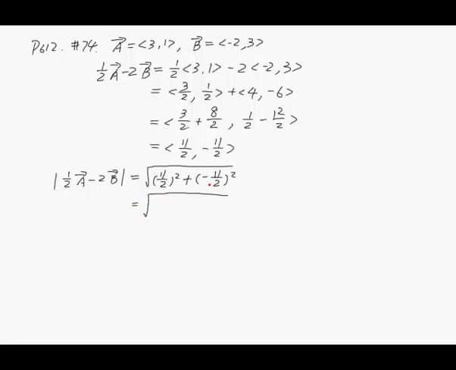And we know the square of negative 11/2 is the same as the square of 11/2, right? So in this way, we have 2 times the square of 11/2. Now you take this square out, then you have 11/2 times root of 2. So now we find the magnitude of this vector.